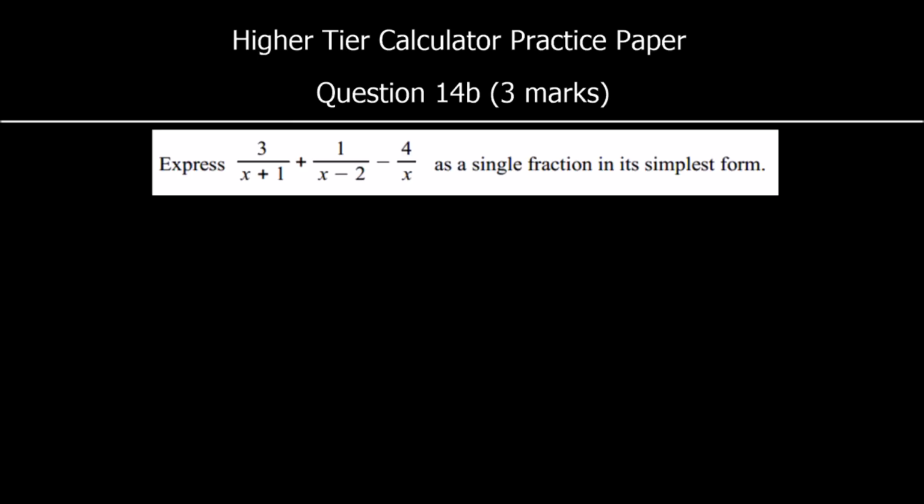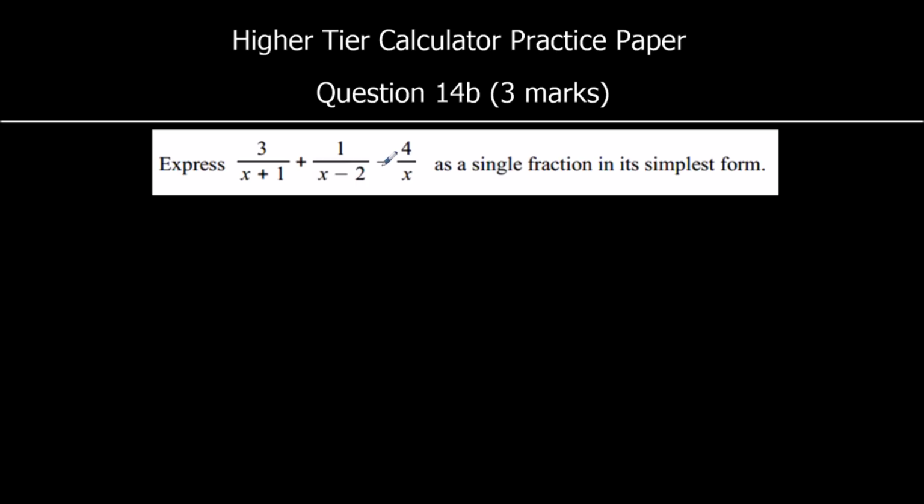(14b). Express 3 over x plus 1 plus 1 over x minus 2 minus 4 over x as a single fraction in its simplest form. To add fractions or take fractions away, we need to make the denominators the same.